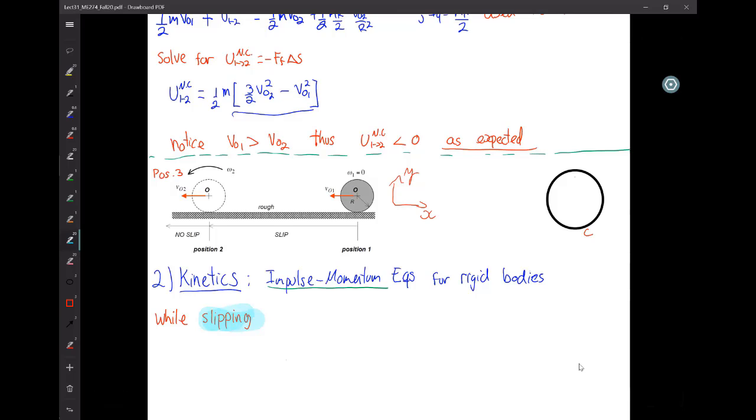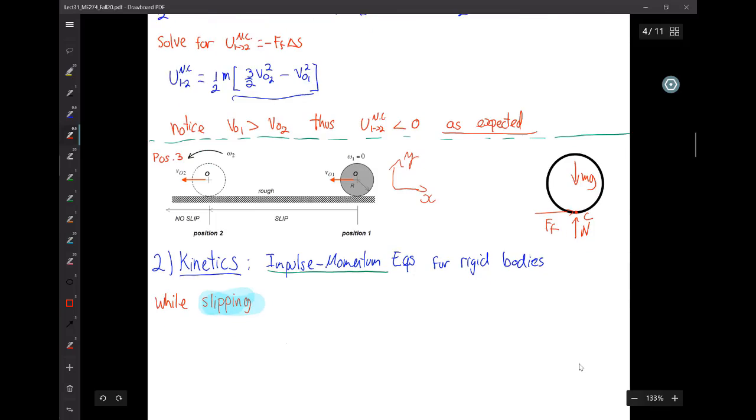We have this disk, weight is acting there. We have the normal force acting there. And let's say that we have a friction force acting in this direction. Now, it is slipping, so it's not rotating, right?